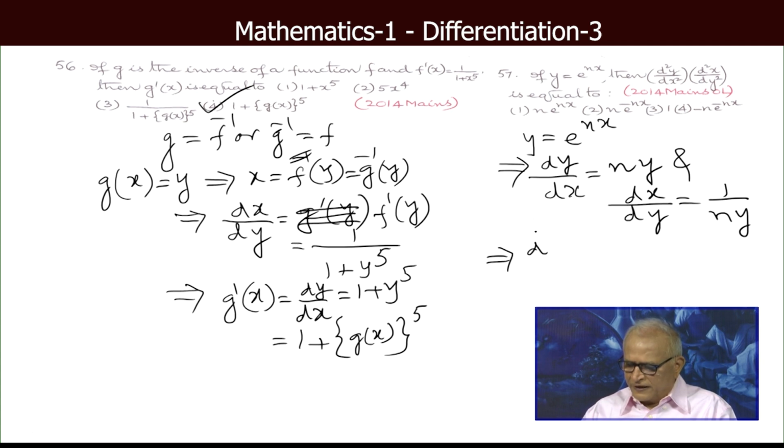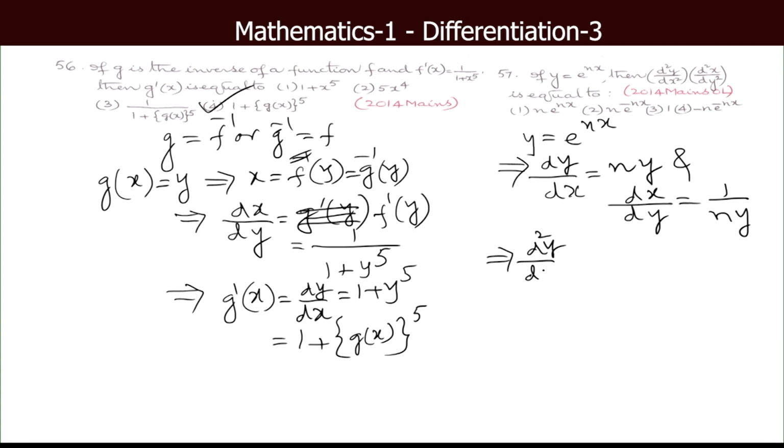What is d square y by dx square? n times dy dx. dy dx is n y, so n square y. And d square x dy square is the derivative of 1 by n y with respect to y, minus 1 by n y square.